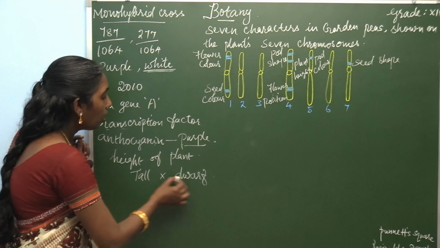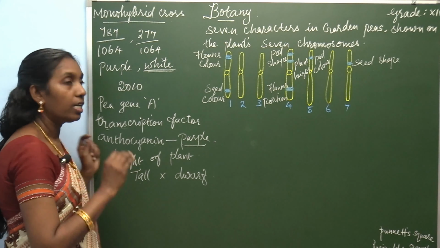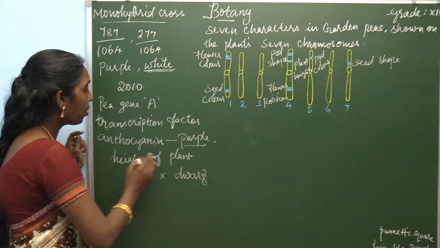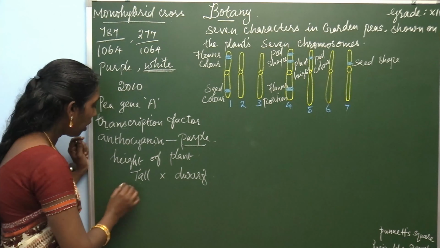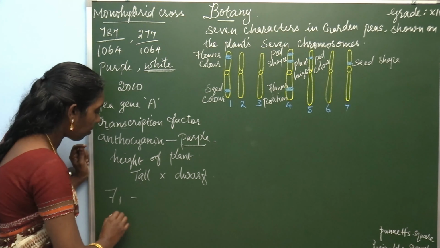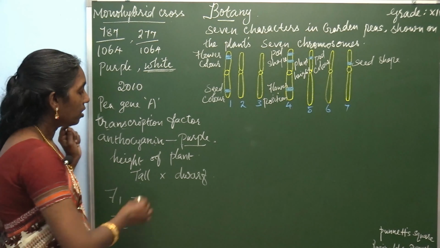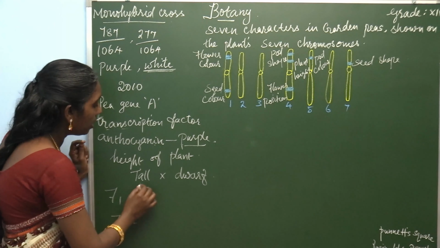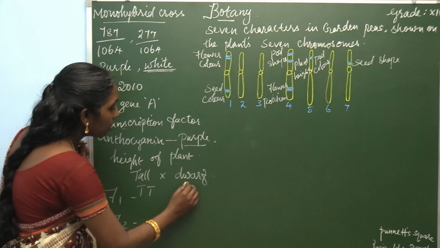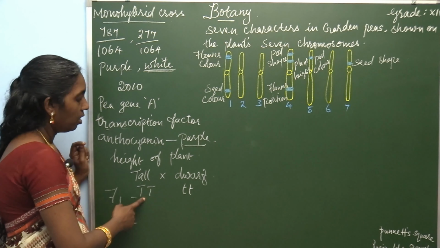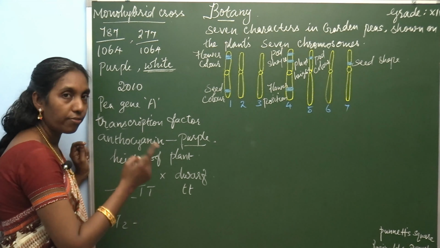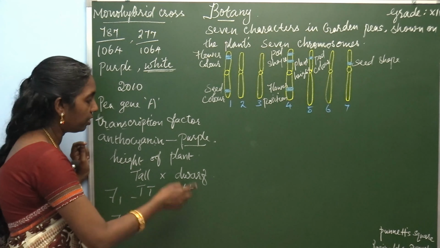When you make a cross between tall and dwarf, it produces two generations, F1 as well as F2. In the F1 generation, the alleles are capital T and small t. These are two different alleles of a single gene.